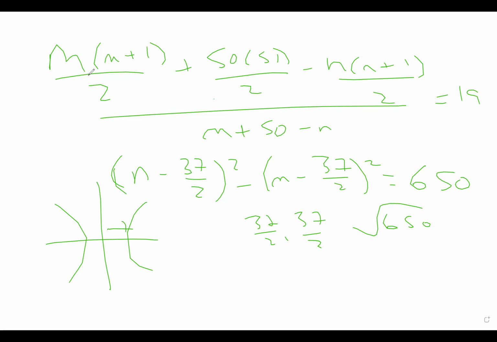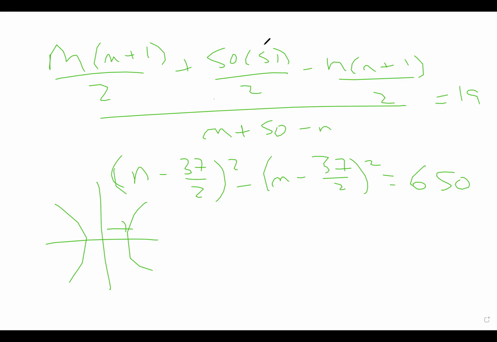Right? Now, here's the thing. We need to find an ordered pair. Basically, we need to find what's called a lattice point, which means a point on this curve where the X and the Y are both integers. And the truth is, I don't know how to do that without using technology. So the only way that I was able to solve this was by using technology.